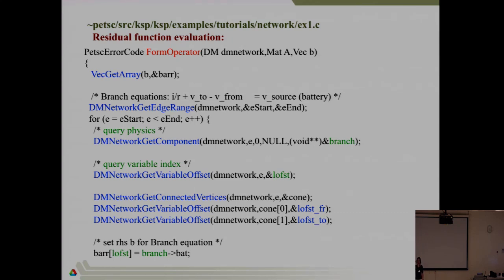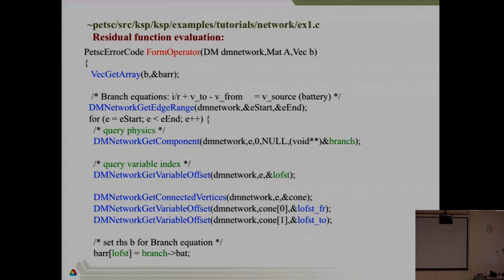In this case, we need to form the right-hand side vector. We need to form the matrix, right? What are you going to do? The first thing is, for example, we are going to run over the network elements. So I will get the range of the edges, and then I iterate over each edge. For each edge, first I query the physics, right?